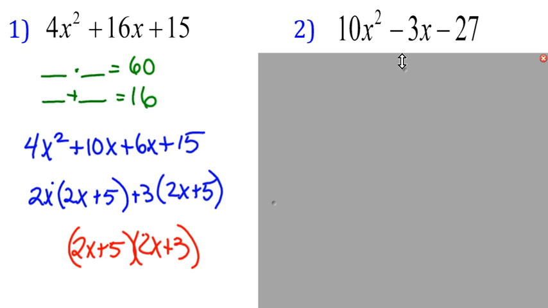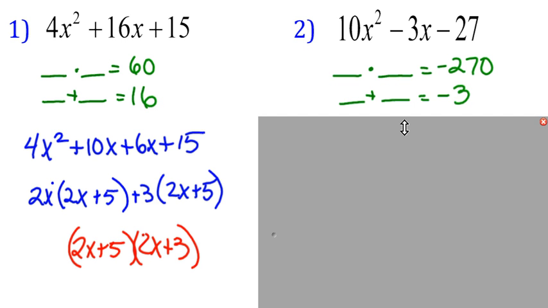Again, we look to see, does it have a greatest common factor to divide out? Here, we do not. Then we're going to take our leading coefficient times our constant. So what times what gives us a negative 270, and what plus what gives us a negative 3? When we find the number values that work, we're going to write our expression as 4 terms.